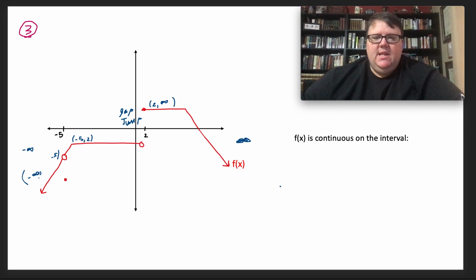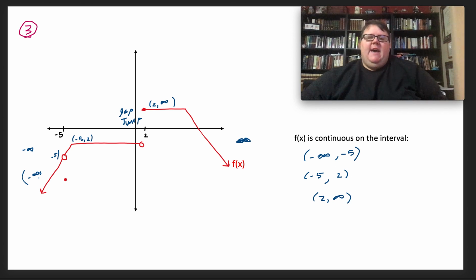So we would write this as f of x is continuous on the interval -infinity to -5, from -5 to +2, and from 2 to +infinity.